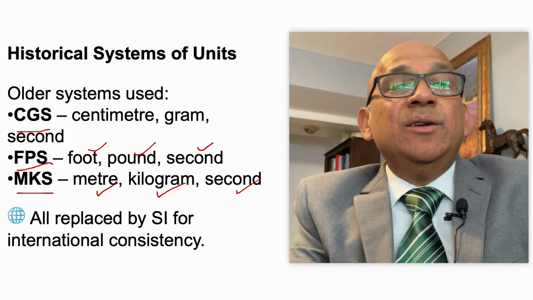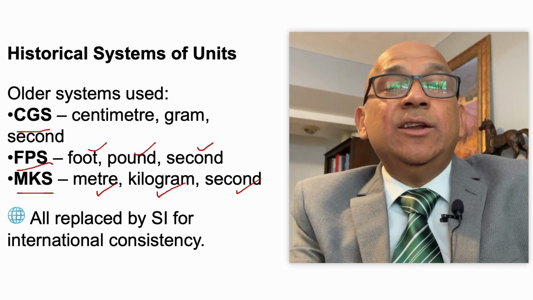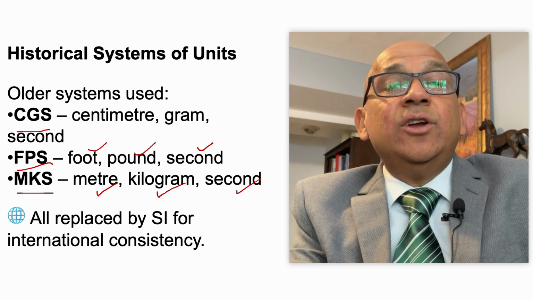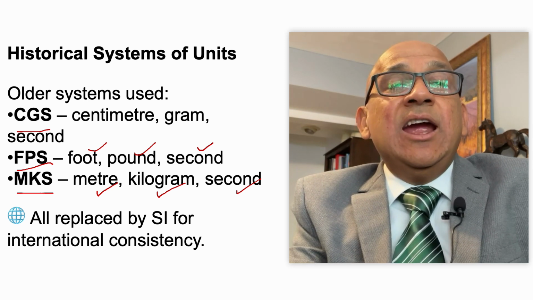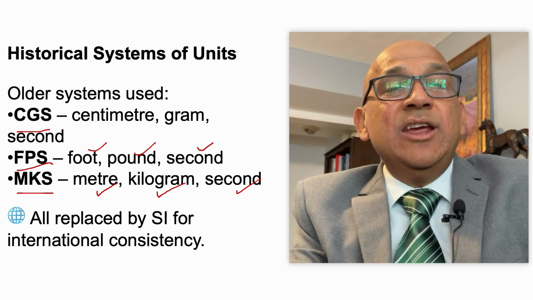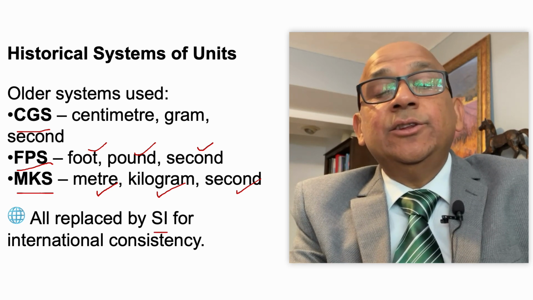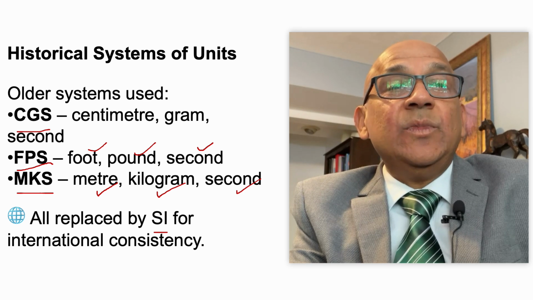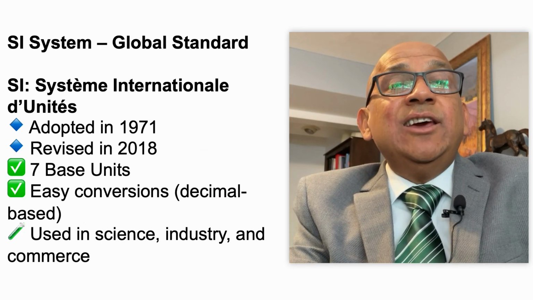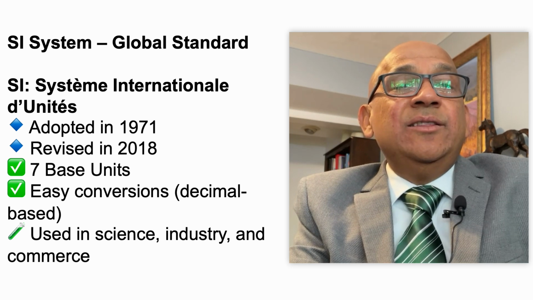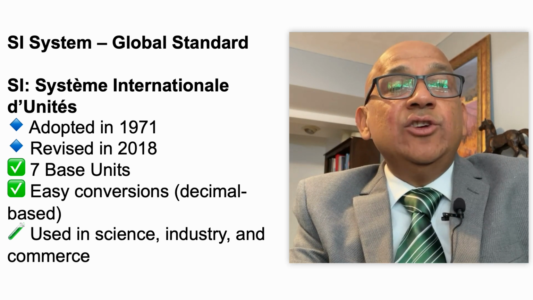So, these different systems were used in different countries and different geographical areas, and so there used to be a lot of confusion, and now all of those have been replaced by the SI system for international consistency. So, in the SI system, which is a global standard, there are 7 base units.